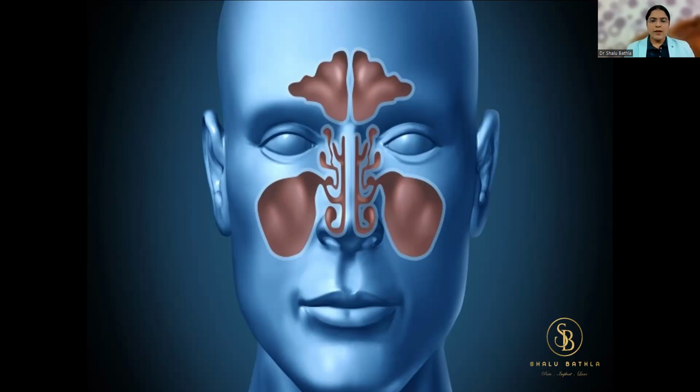Well, you can place the implants immediately. You can place them in a healed ridge. You can place them in a compromised state. But you need to know about the implant, because it is an artificial thing you're putting into the patient's body, so it will show its reaction.